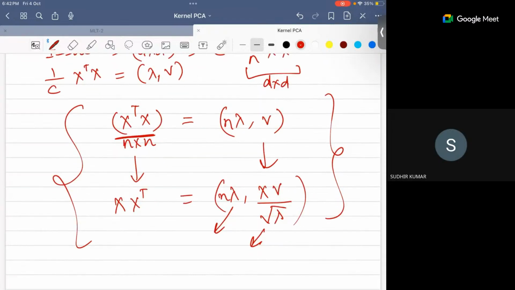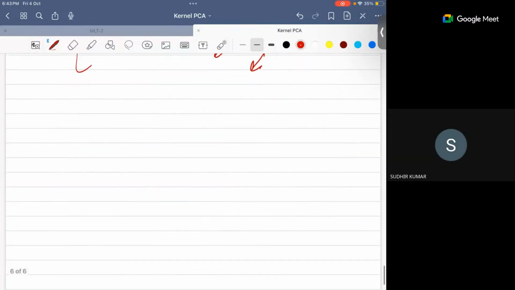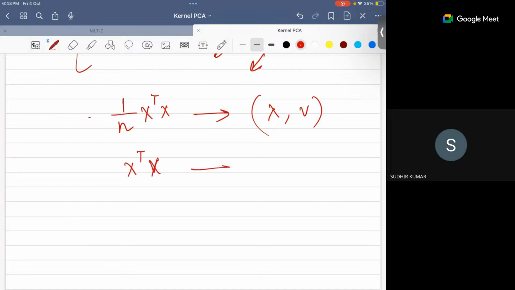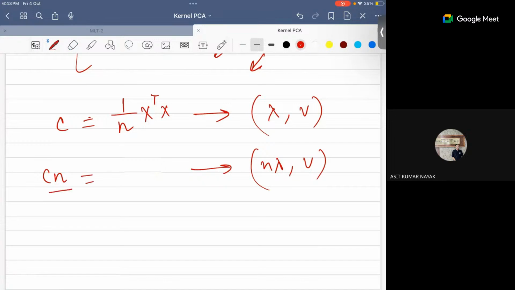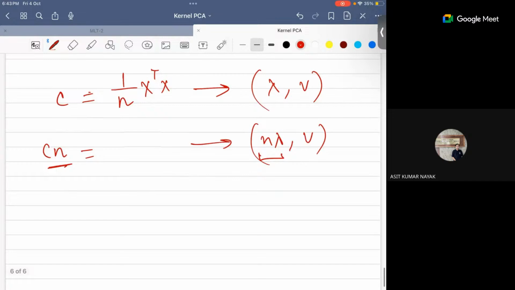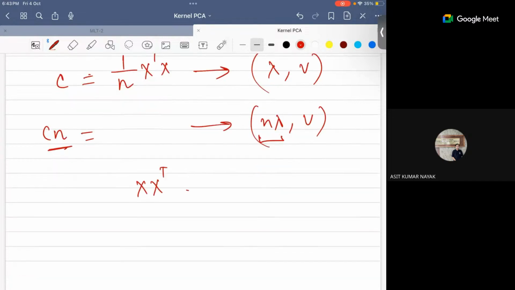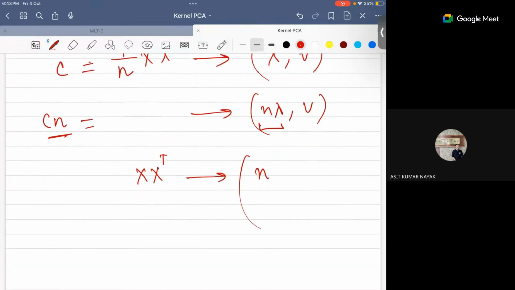This is c, and for c times n it becomes n times lambda. Now you calculate for x x transpose: it becomes xv upon the square root of that lambda you are getting. The lambda was n lambda, so it becomes the square root of n lambda.